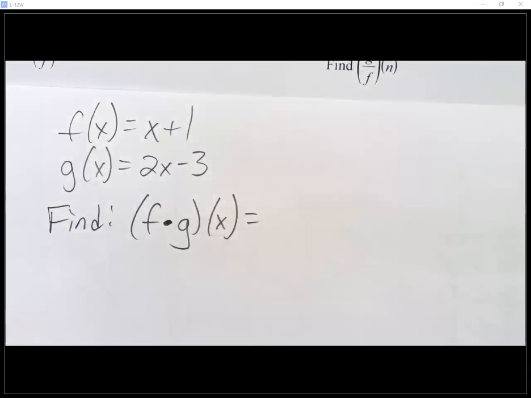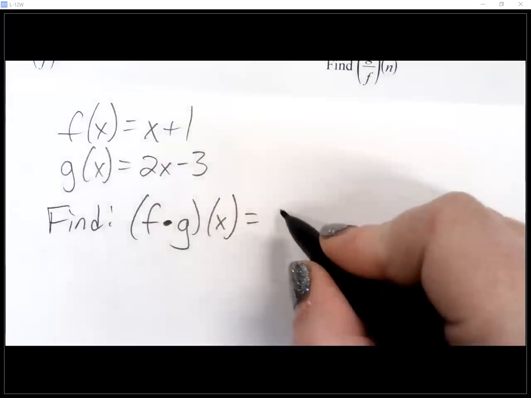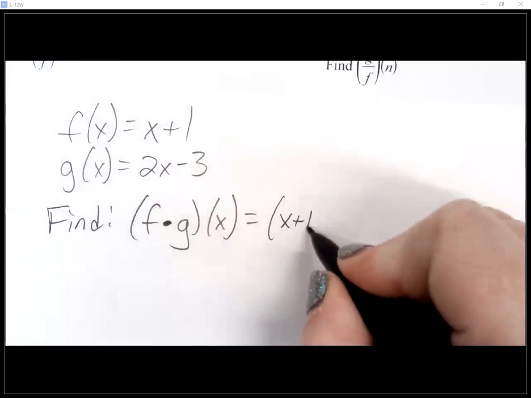All right, Jimmy, what'd you get on this one? No, that sounds right. Just doing it in my head real quick. I think that's right. So let's check out what we're doing here. The f function is x plus 1. That's a binomial, so I need to put it in parentheses if I'm going to multiply.